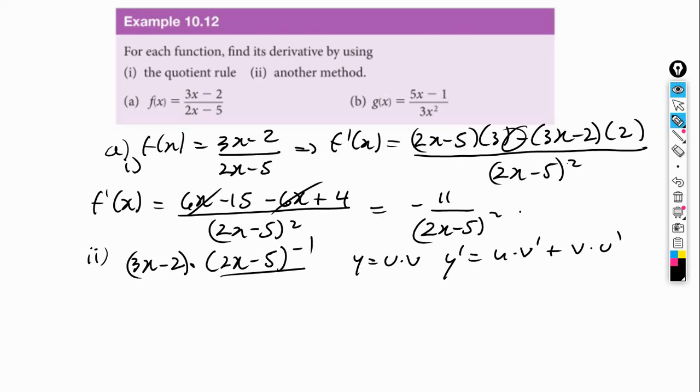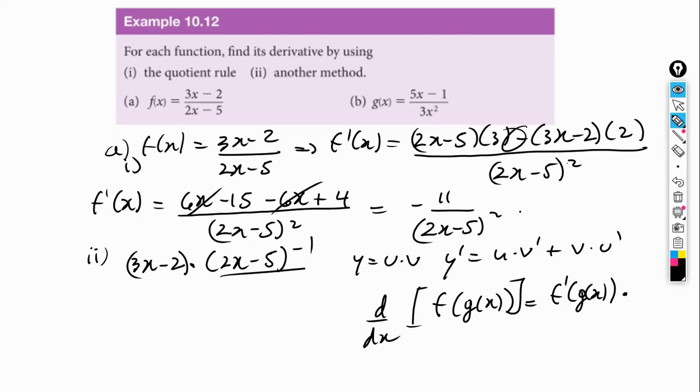And then if we have the chain rule, like if we have f of g of x, the derivative of this is going to be the derivative of the outside without changing the inside, times the derivative of the inside function. So we have to apply both these rules here.